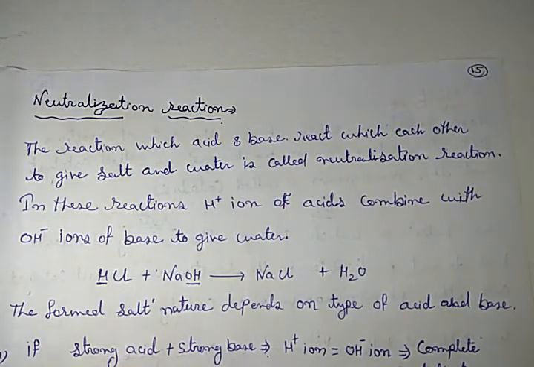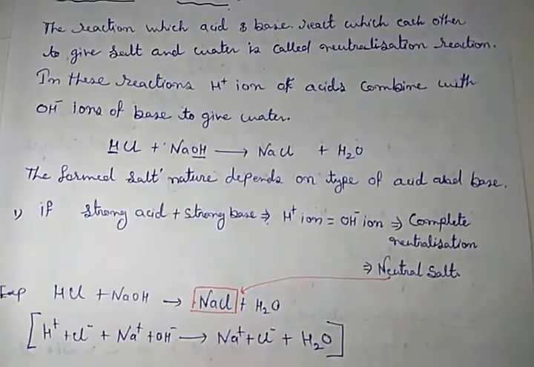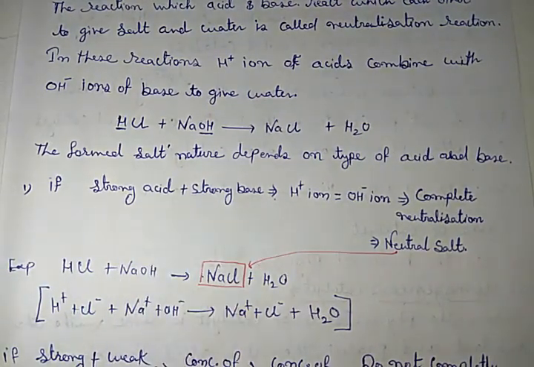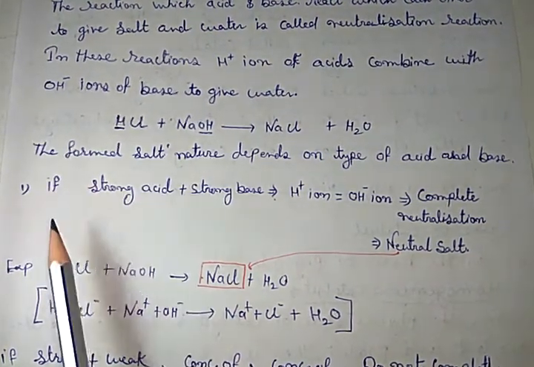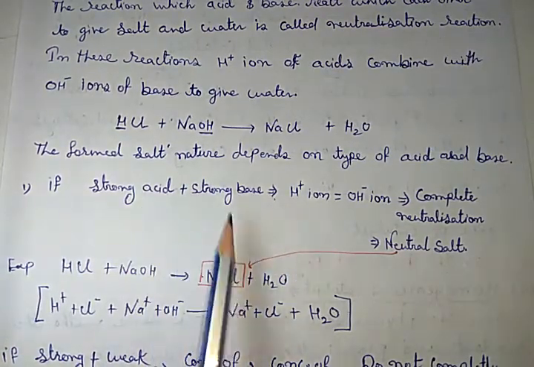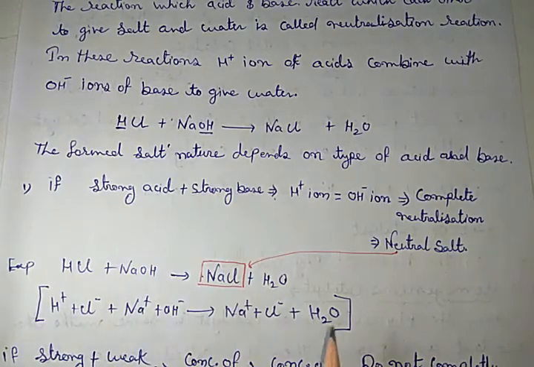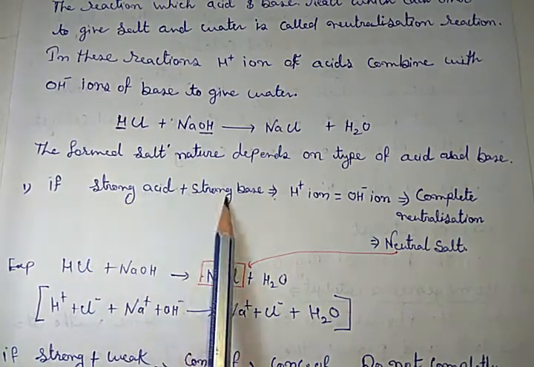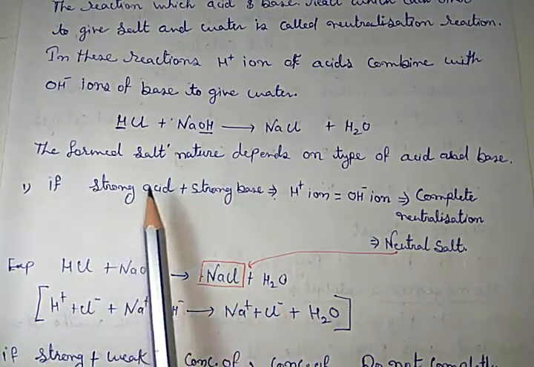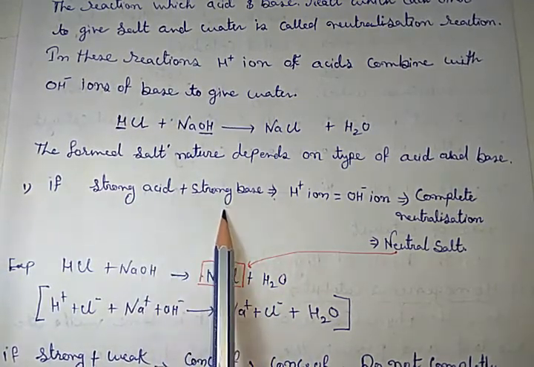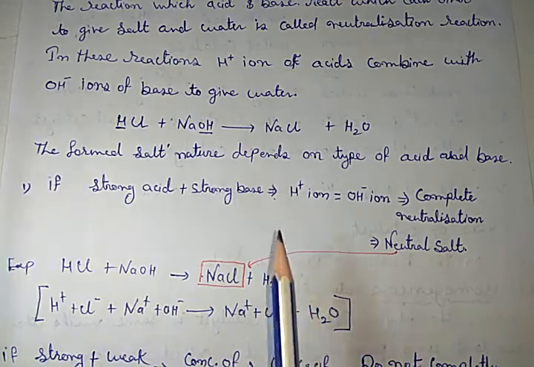Okay, so here we can consider a few examples to understand it. If a strong acid and a strong base react, and we consider both as 1 mole, then since both are strong they completely ionize and give equal amounts of H+ and OH- ions.